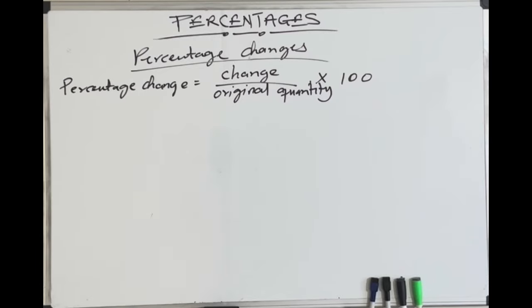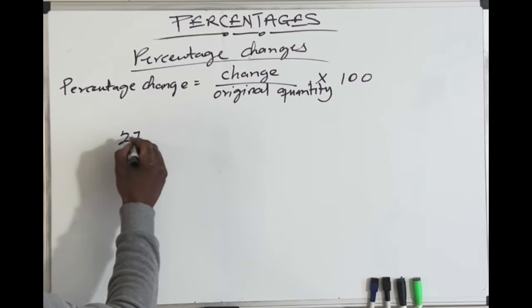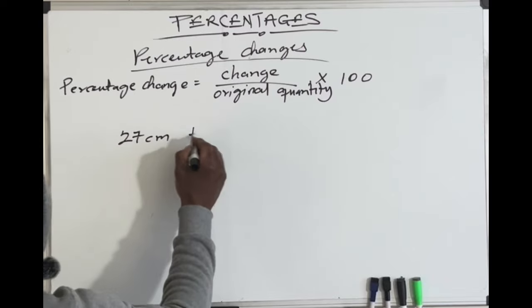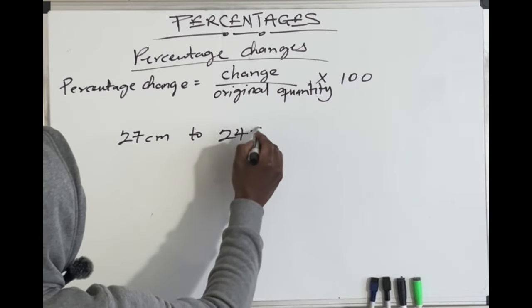Let's say, for example, the length of a skirt is decreased from 27 centimeters to 24.84 centimeters. So the length of a skirt is 27 centimeters, and then it was changed to 24.84.